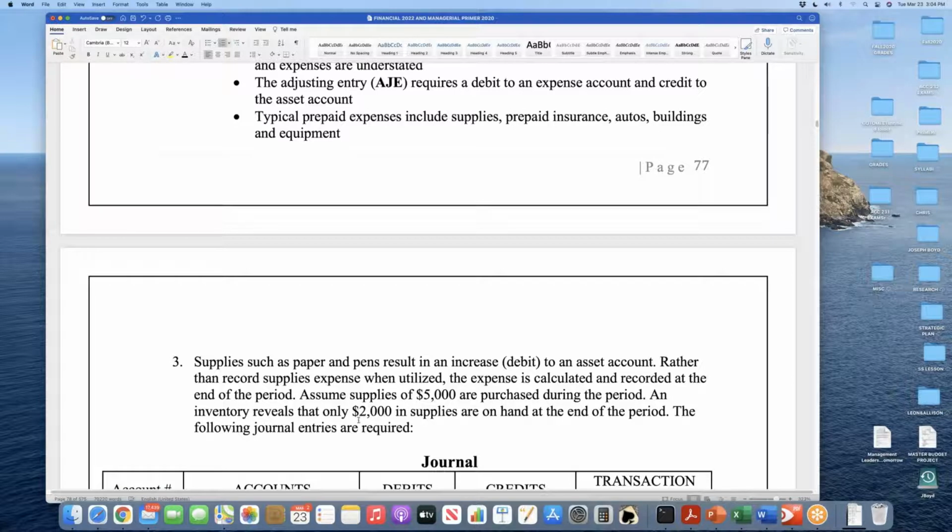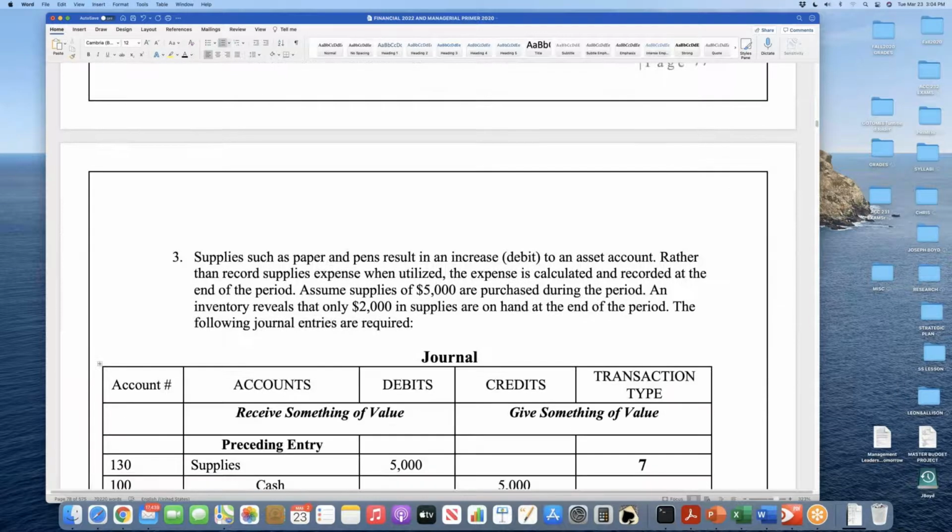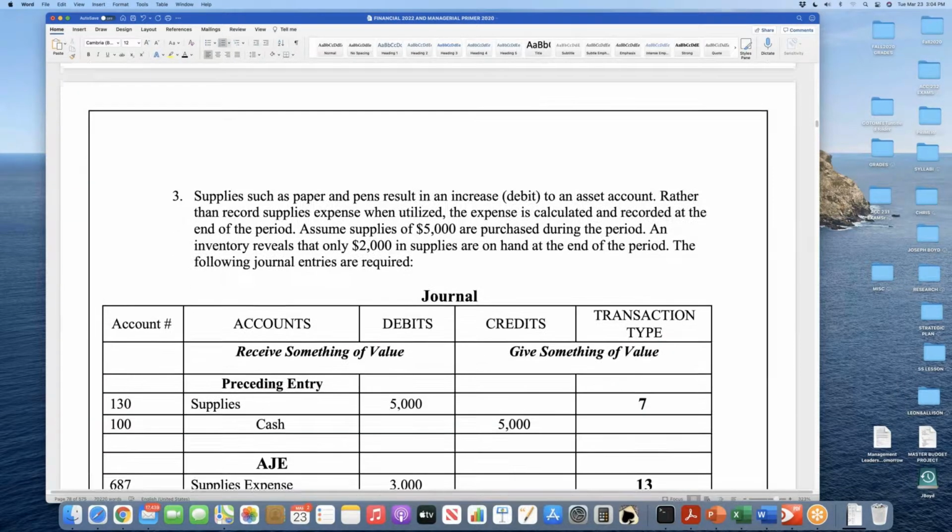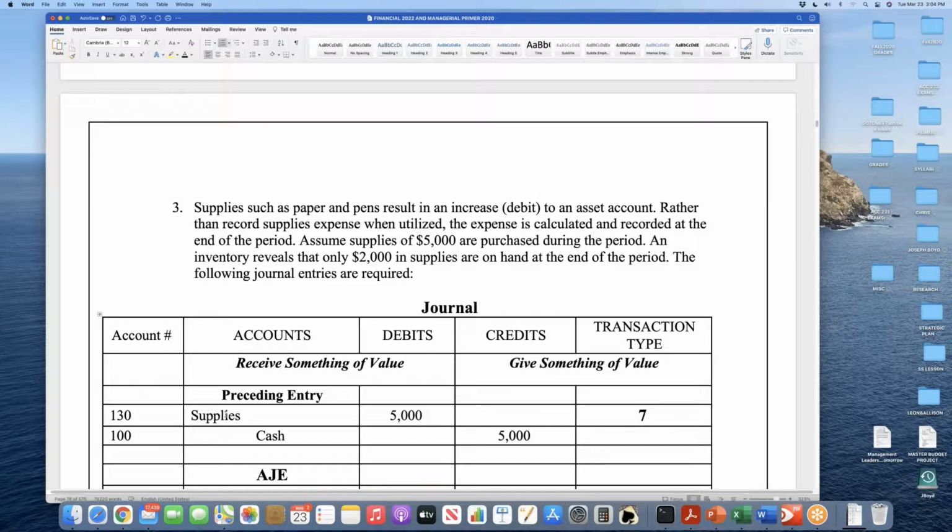Once they go out, they're an expense. So when we buy the supplies, we debit supplies and credit cash. We got it as an asset. But when we take that inventory and it's only 2,000, that means what? What happened?